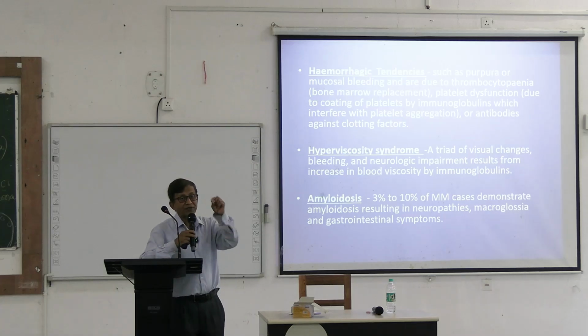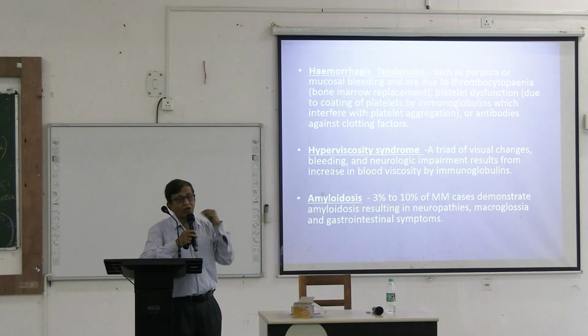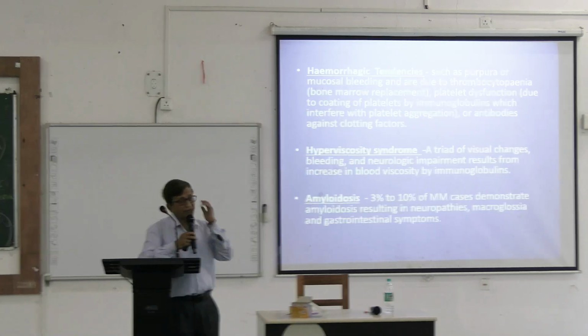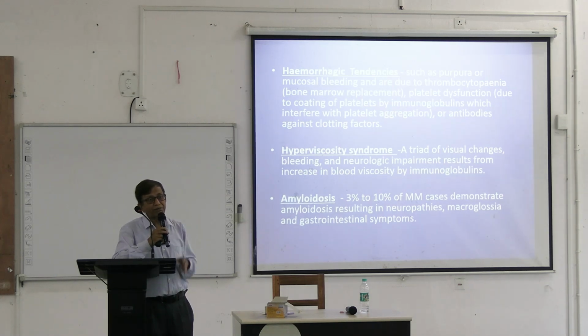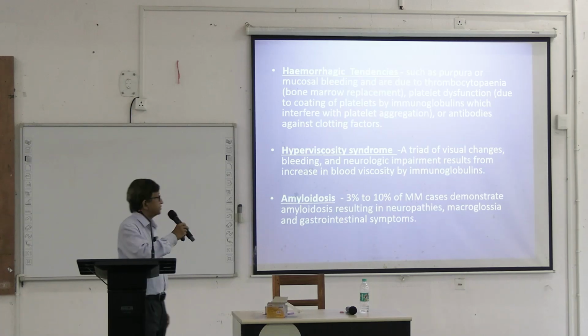It affects small vessels of the brain, small vessels of the eye, etc. There will be sluggish circulation. So, eye problem, headache, etc. The small vessels will be full of proteins which are in the plasma. So, definitely there will be some problems.